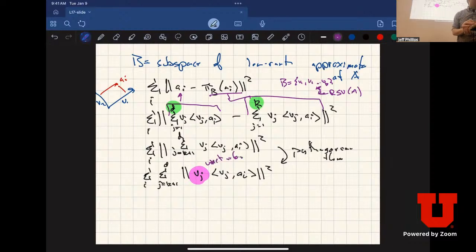So that means it does not play a role in the norm here, and I can factor this out as well. Because it's a dot product, the inside is a scalar.